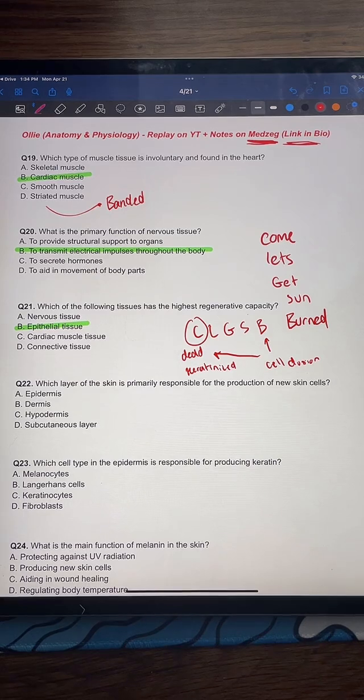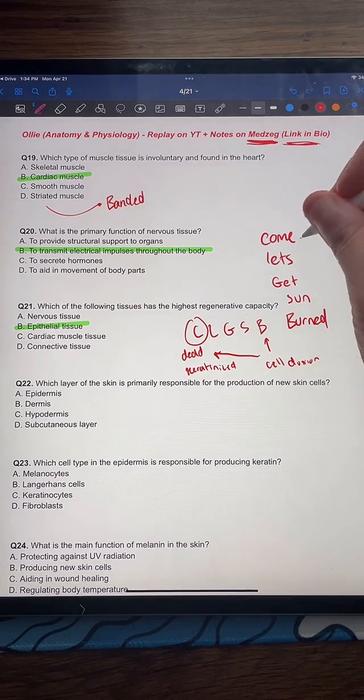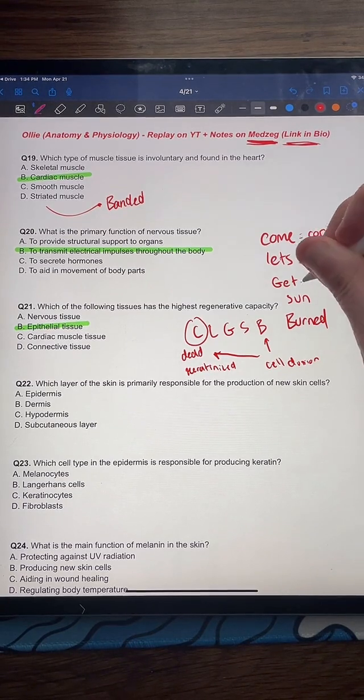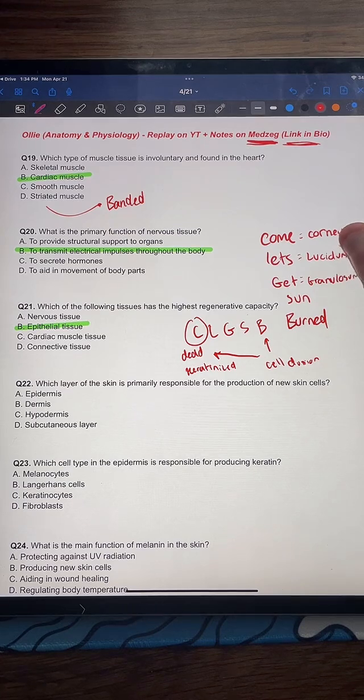Does that make sense, everybody? Let me just check in the comments. Again, the C for come is the corneum. Let's is the lucidum. Get, for G, is the granulosum. Sun is spinosum.